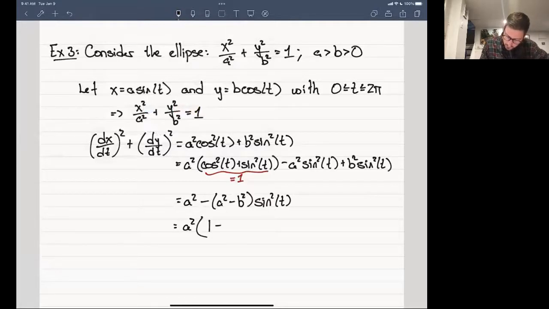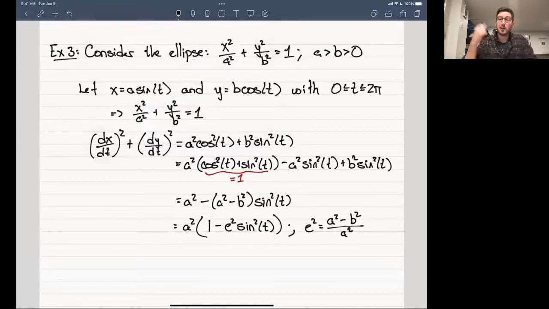We write this as 1 minus, let's say, e squared sine squared of t, where e squared is equal to a squared minus b squared divided by a squared. Okay, so now you're kind of annoyed with me, I'm sure, right?